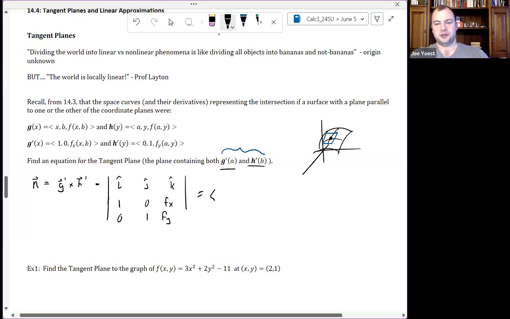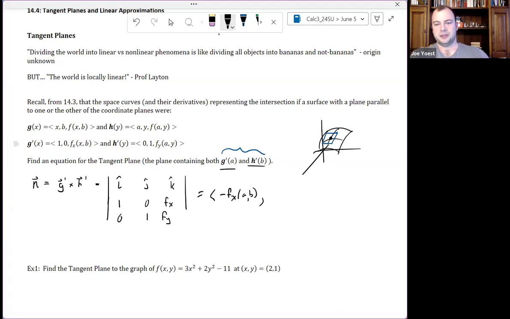What is my first component? Well, going down the main diagonal, i times 0 times fy gives me 0. And then minus i times fx times 1 gives me minus fx at (a, b) for my first component.